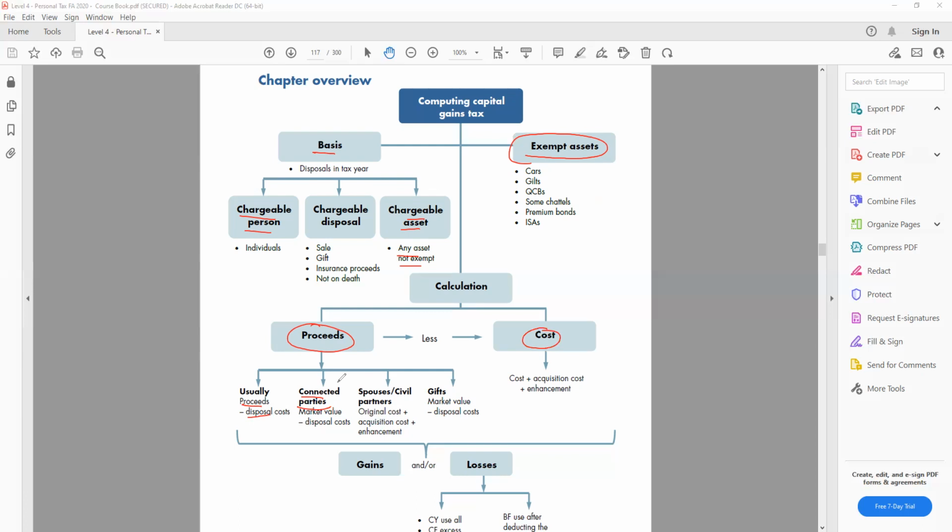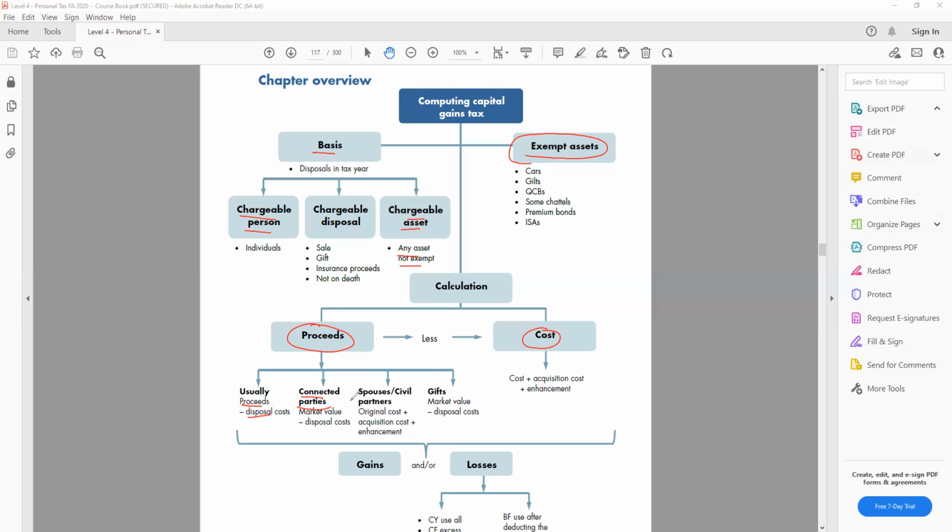If this sort of transaction happened, then we have to use the market value rather than the sales value, because it is possible we give a lower price to our friends and family or relatives rather than the market price. For that reason, you have to consider how much was the value at that time in the market.